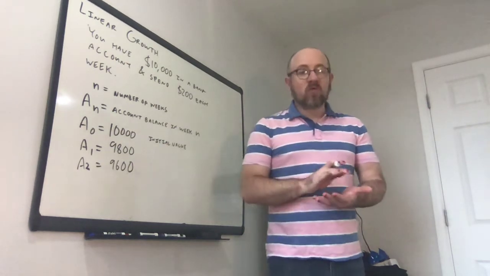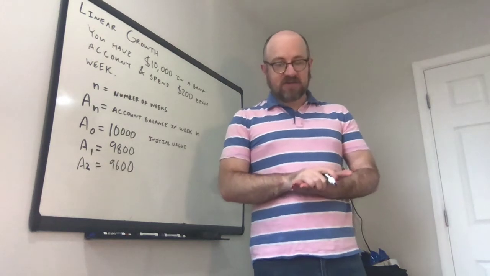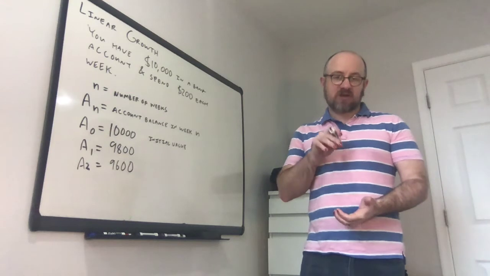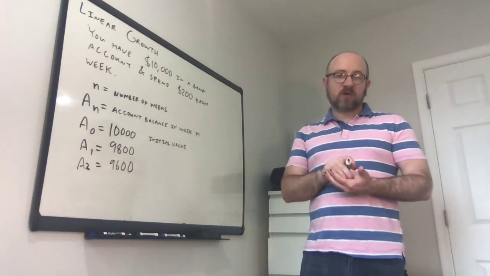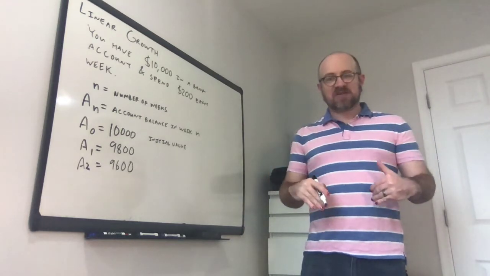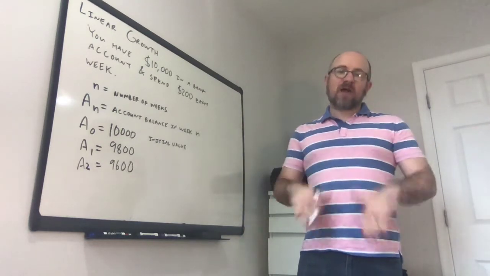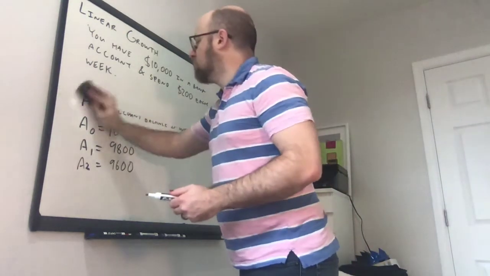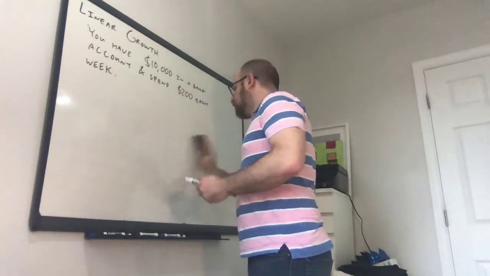From this, we're going to write down two different equations. Okay? One of them is going to represent that situation we talked about in the last video, the recursive equation, which represents the situation of we know we start at 10,000 and then we subtract 200 each week. So the first one we're going to talk about is the recursive equation.